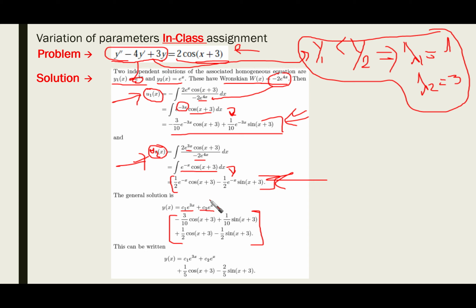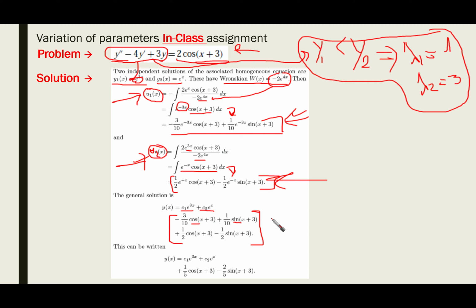So the exponential term would vanish, and the only remaining is going to be the number or the fraction and the trigonometric or the sinusoidal functions, cosine x plus 3 and sine x plus 3. Similar here, we have e to minus x, and we are going to multiply by y2, which is e to x. So you are going to find the exponential function is not appearing here, vanished already. We are going to be left with cosine and sine, and with the fractions half and half here.